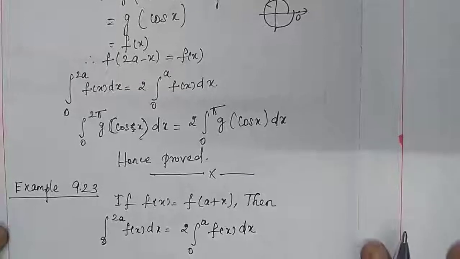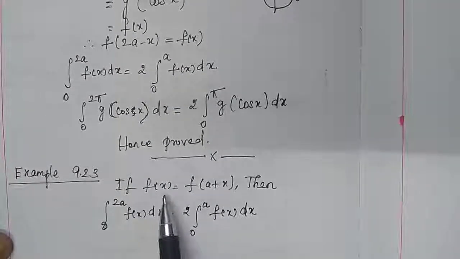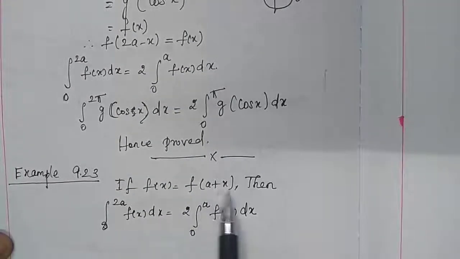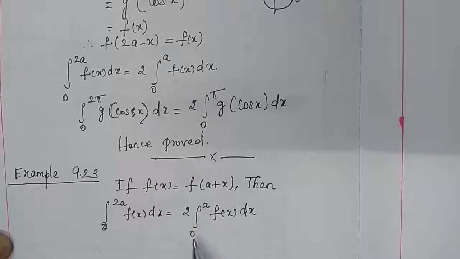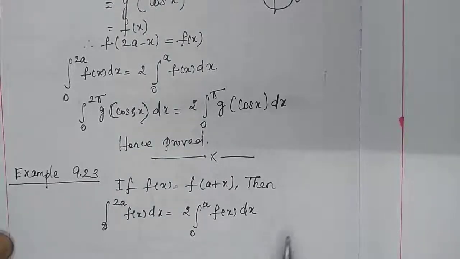Reading the question once more: if f of x equals f of a plus x, then the integral from 0 to 2a of f of x dx is equal to 2 times the integral from 0 to a of f of x dx.